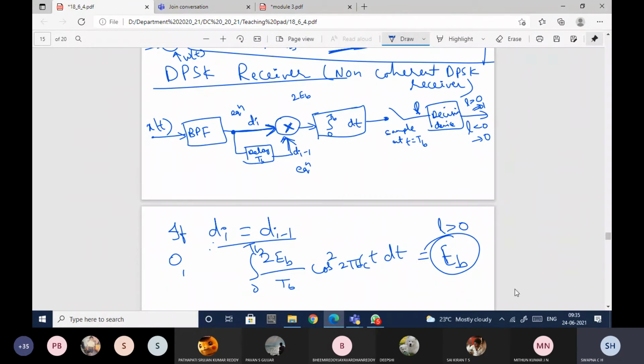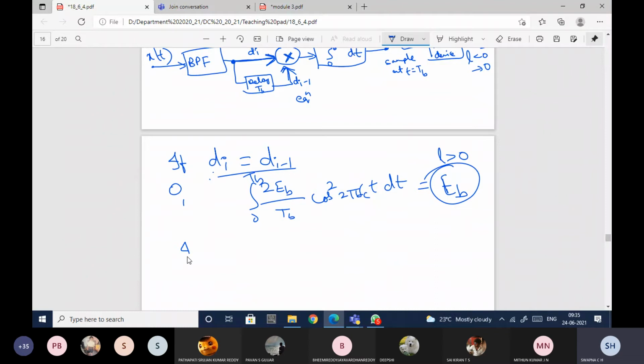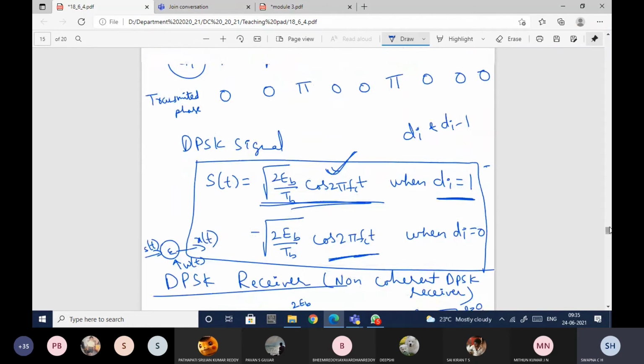Now let me assume that d_i is not equal to d_(i-1). In the sense that if I have a 0 here, I may have 1 here. If I have a 1 here, I'll have a 0 here.